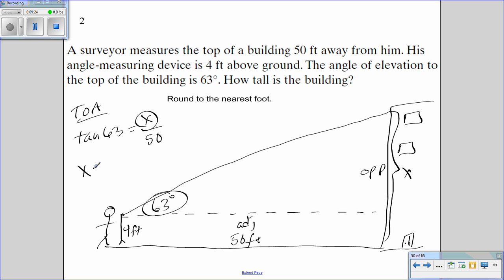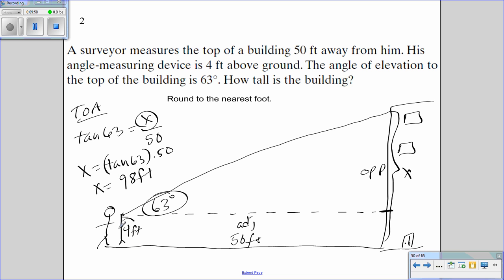So it's tangent 63 times 50. Let me calculate that out. Tangent 63 times 50, and we get approximately 98 feet.